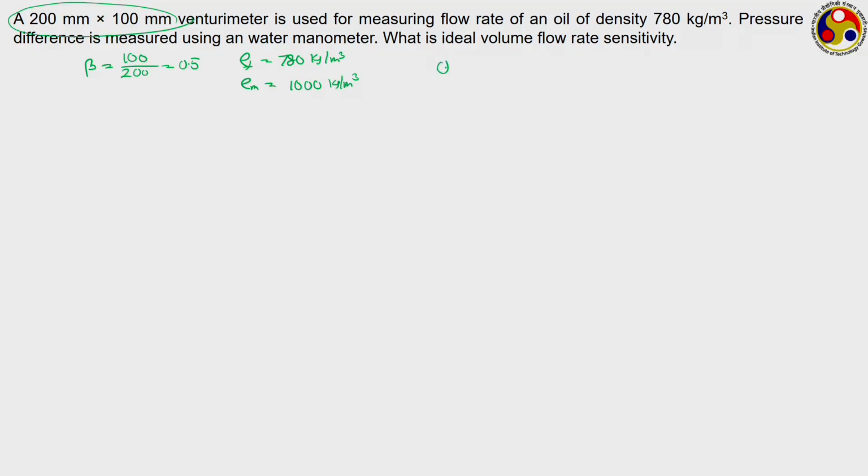So, your output actually is the elevation in the corresponding manometric fluid column, that is H. So, if you write the expression from earlier, Q dot theoretical is equal to A2 by root over 1 minus beta to the power 4 into root 2 g into rho m upon rho f minus 1 into root h.